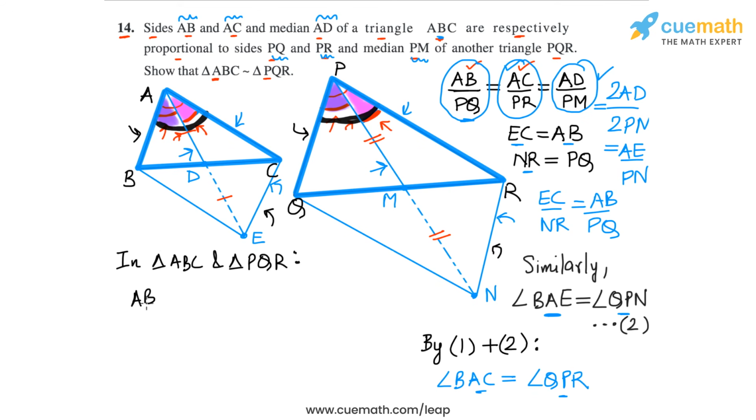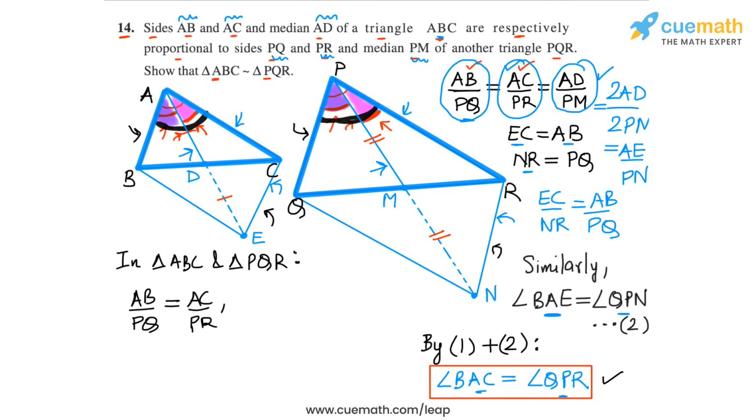And we also now showed that the included angle pair is equal. Angle BAC is equal to angle QPR. So basically all the stuff that we did before this was to show this equality, that these two angles BAC and QPR are equal. So this was what all the effort was about.